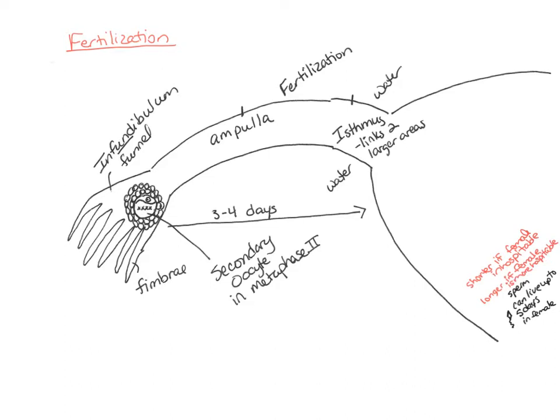So fertilization involves the fusion of 2 haploid gametes. Each of those gametes contain 23 chromosomes, and then they produce a zygote that contains 46 chromosomes, or 23 pairs of chromosomes. So one set of these chromosomes comes from the sperm, and the other set comes from the secondary oocyte.